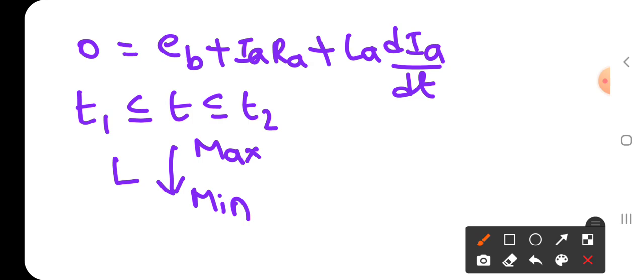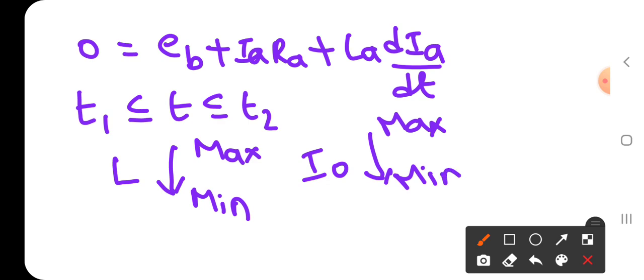Just tell me. The current is decreased. As the current is decreased, I naught is decreased from maximum to minimum.